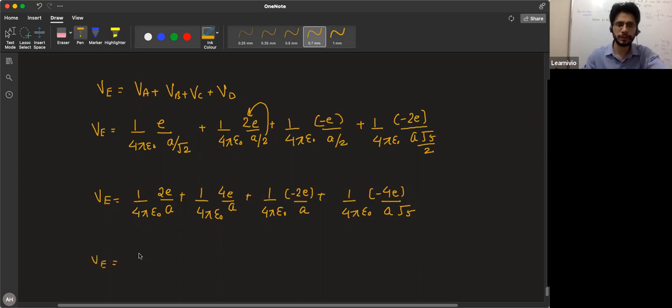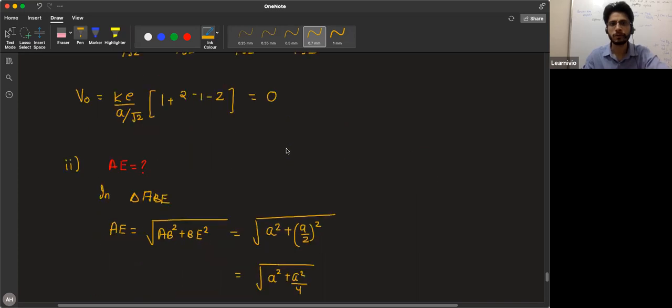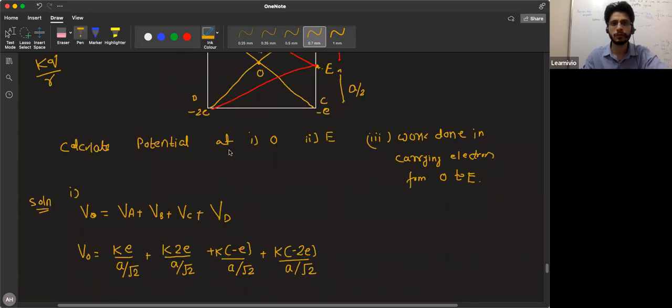Now see, you can take this E by 4 pi epsilon naught A as common. When you take this term as common, you will be left with 2 plus 4. Here we have minus 2. Sorry, there is one root 5 here also.